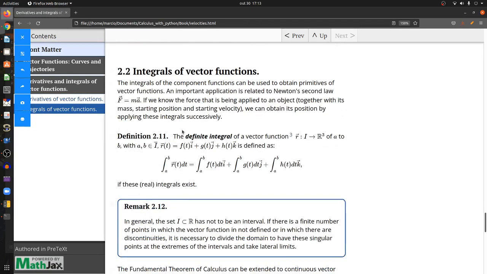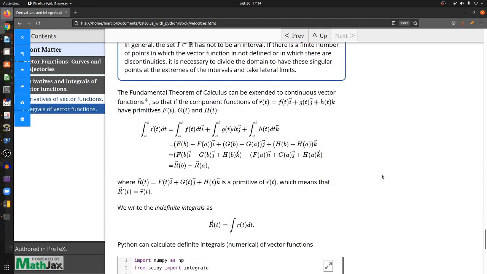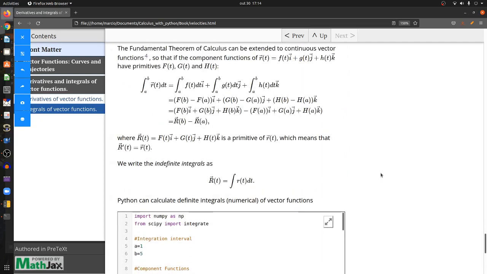We can also integrate vector functions component-wise, and have primitives of vector functions. This is important for trajectories. Often we might know the force an object is subject to. If we integrate from 0 to t, and input the velocity at t equals 0, we find the velocity of the particle.